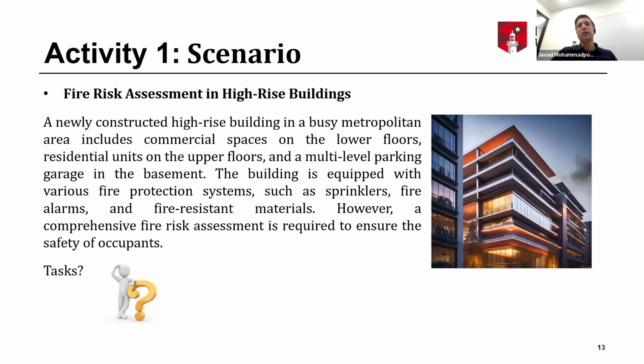The building is equipped with various fire protection systems such as sprinklers, fire alarms, and fire-resistant material. The question doesn't need any calculation or math, only your time to think about it. However, we need a comprehensive fire risk assessment to ensure the safety of the occupants.